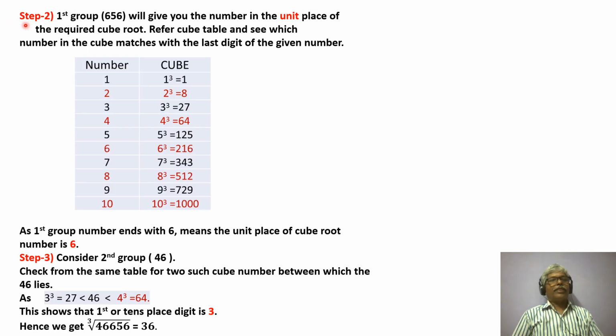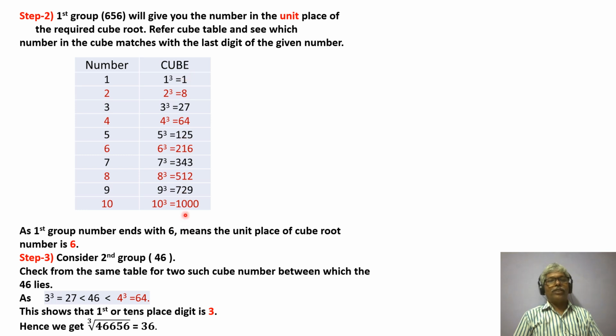Next, step 2, consider the first group. The first group is 656, and it will give you the number in the unit place of the required cube root. Refer to the cube table and see which cube matches with the last digit of the given number. What does this mean? Look at this number 656, it ends with 6.